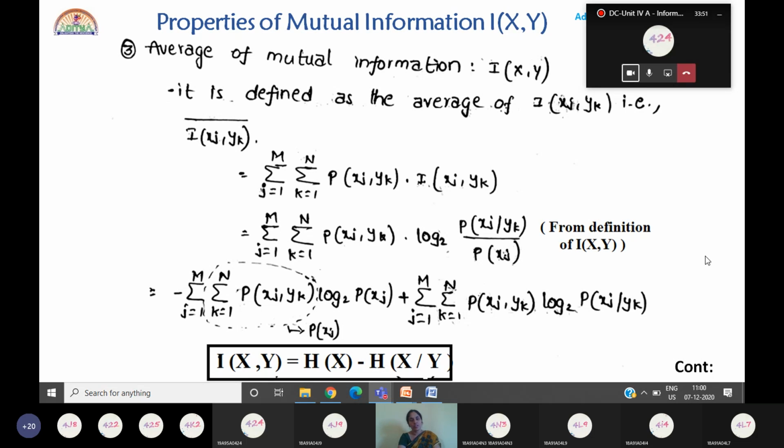But already from the relation between all the entropies, you know H of xy is H of y by x plus H of x, or H of x by y plus H of y. So using those two relations, replace here H of y by x. Here we have H of x by y.